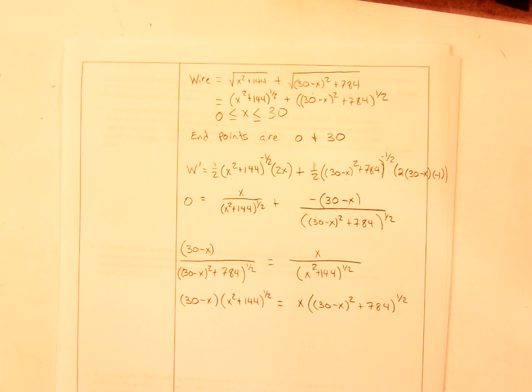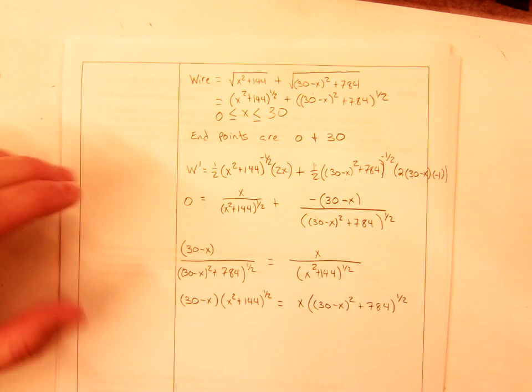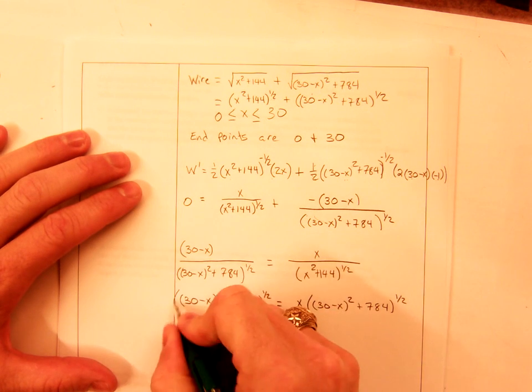Okay. Now, you ready for some more fun? Yes. I've got to get rid of those square roots. What do I do? I'm not going to take the square root of them, I'm going to square them. Squaring everything.